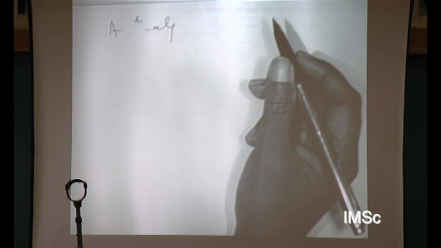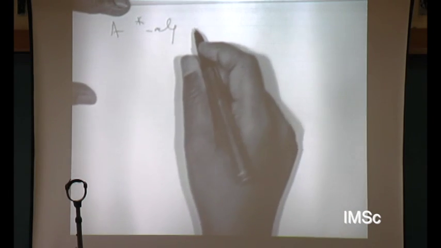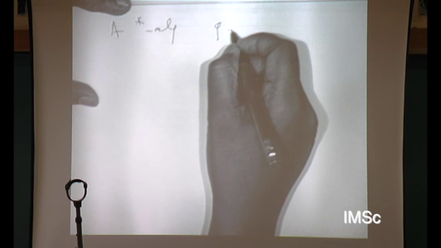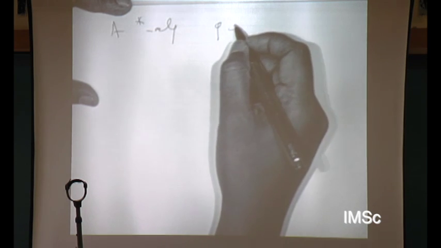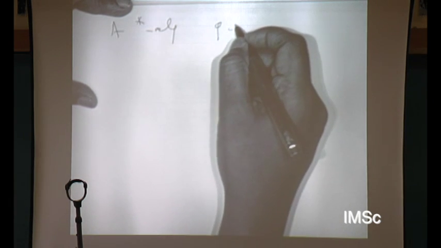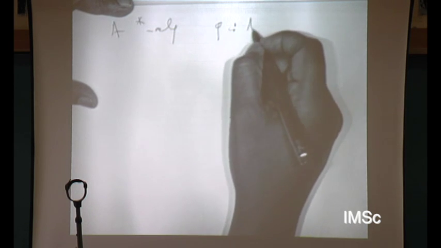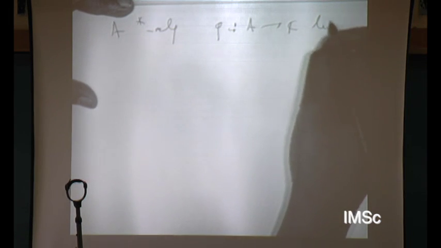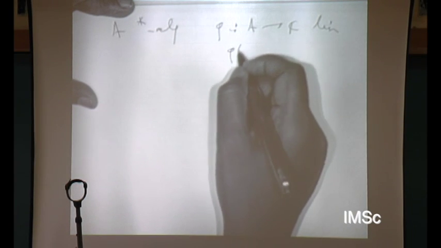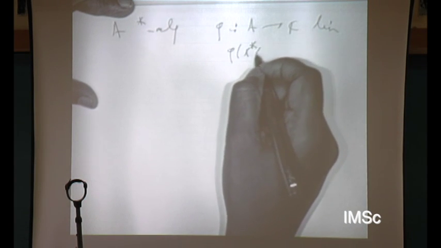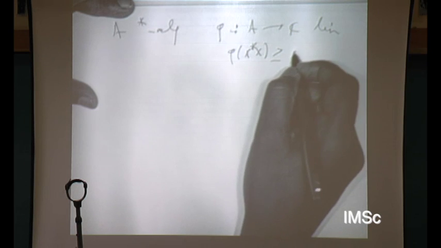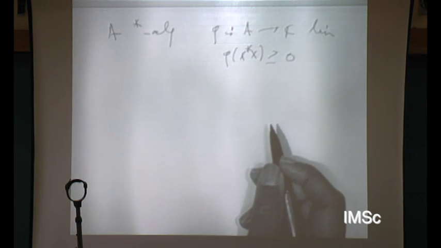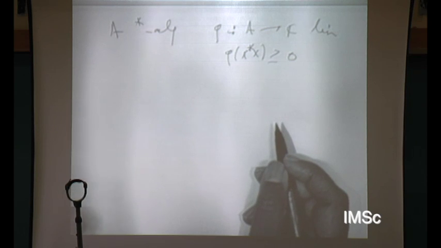Suppose I just have a star algebra, and suppose I have a phi which is a linear functional, and which is positive. I'm not assuming boundedness of phi or anything.